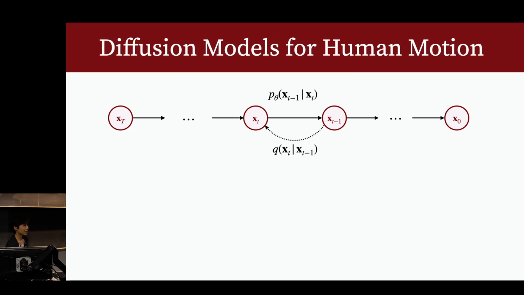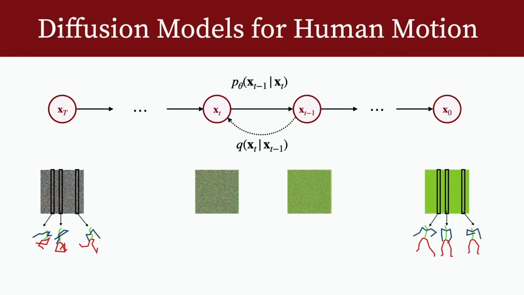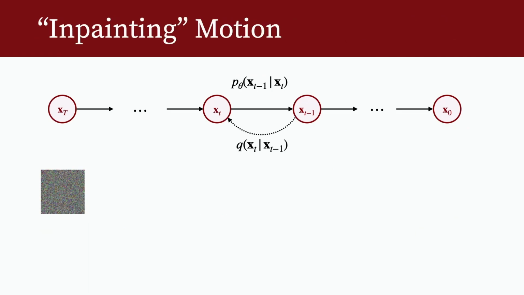Okay, so how does that relate to human motion? If you imagine human motion is an image, every single column of that image is a particular pose. Then we can directly use the diffusion model framework to generate human motion from random noise, which is basically just gibberish, random poses.